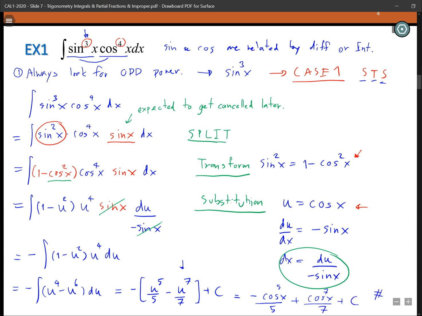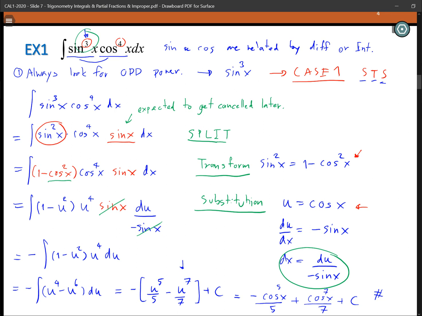And that is the answer for this first example. And as you can see here, we started off by looking for the odd power. Alright, and that is the start that we have here, odd power. And we work on this sine.